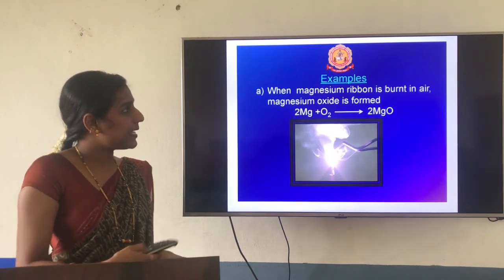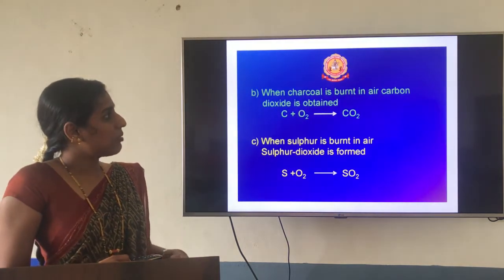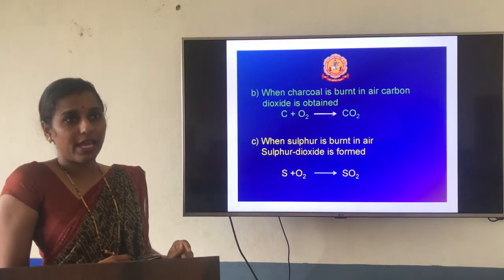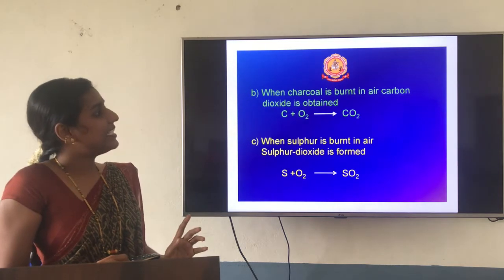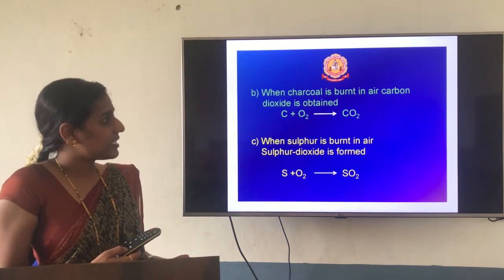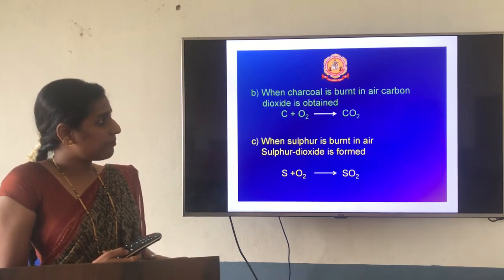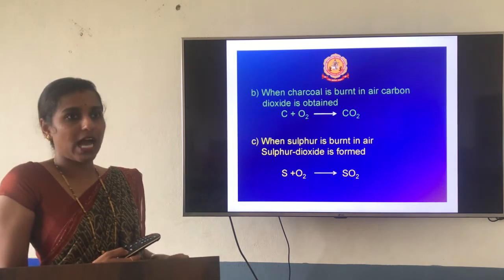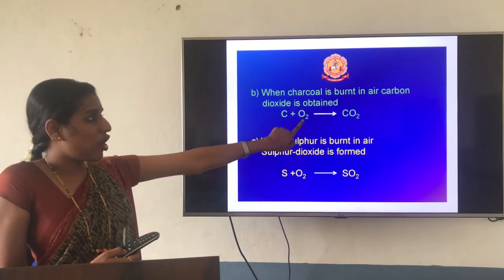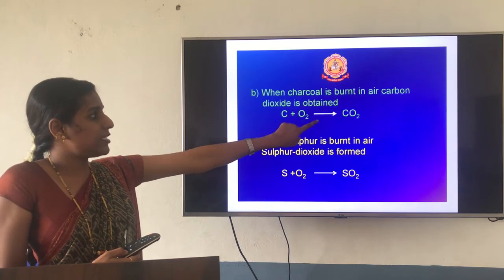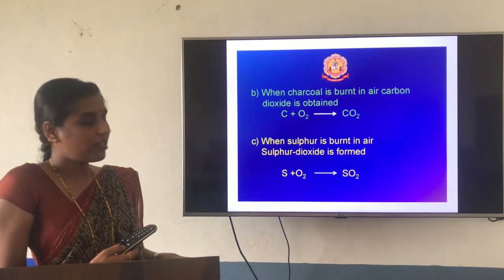One more example is charcoal. When charcoal is burnt in air, carbon dioxide is formed. Here also, C plus O2: carbon burnt in the presence of oxygen, and the combination of these two gives carbon dioxide as a product.